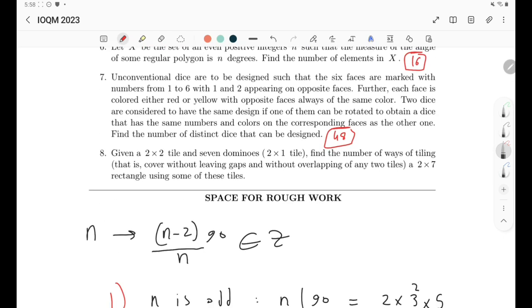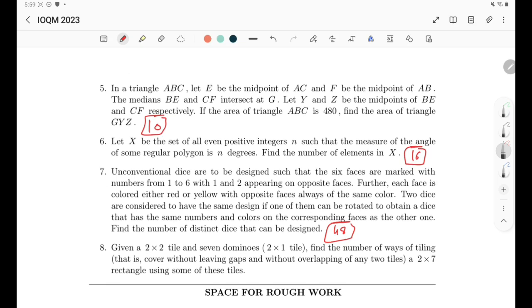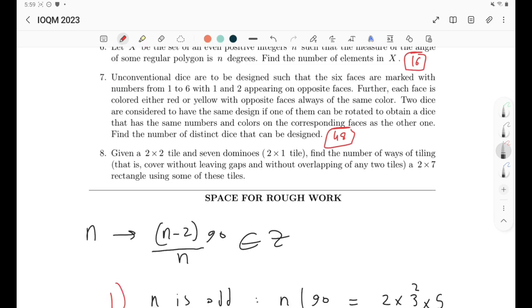Okay, done. Next, we've got a tiny question. We've got some tiles, one of them is 2 times 2, and we also have 7 dominoes that are 2 times 1. We need to tile a rectangle of like 2 times 7, and of course no overlapping is allowed.